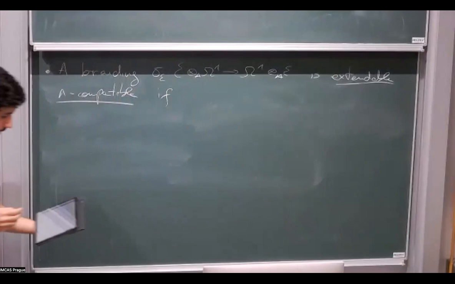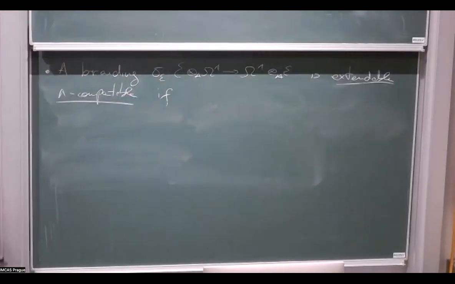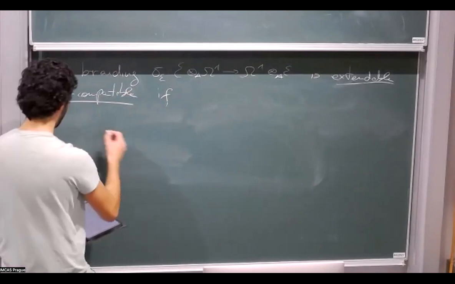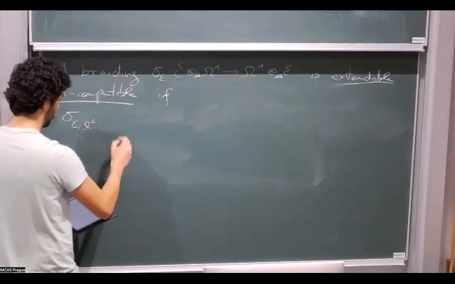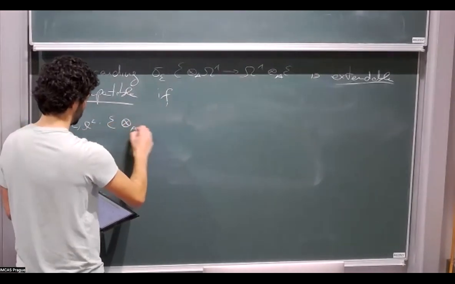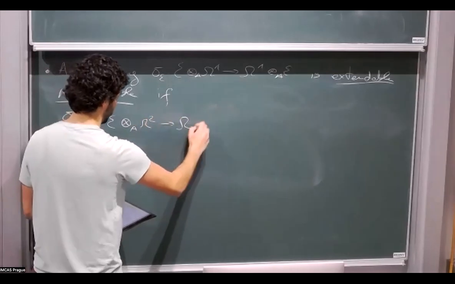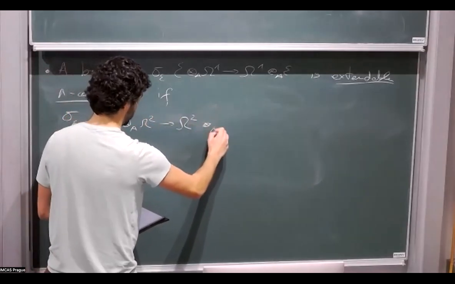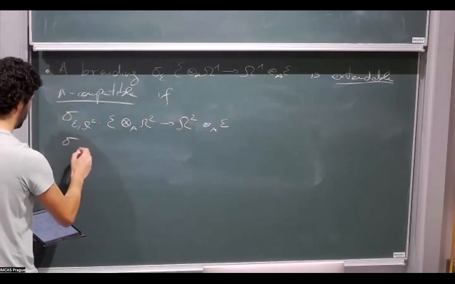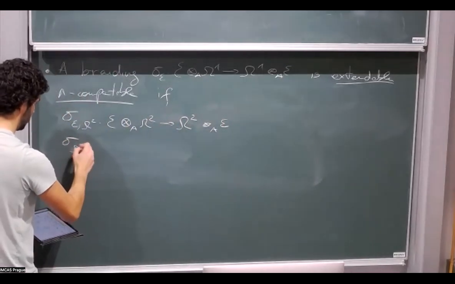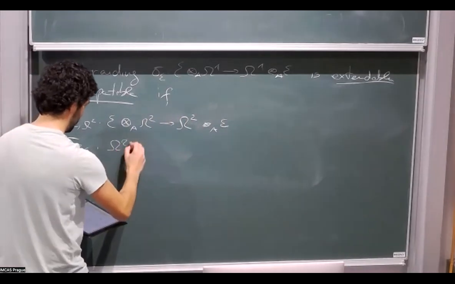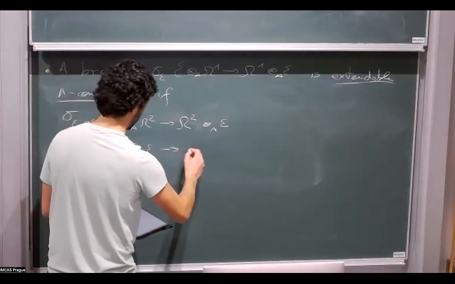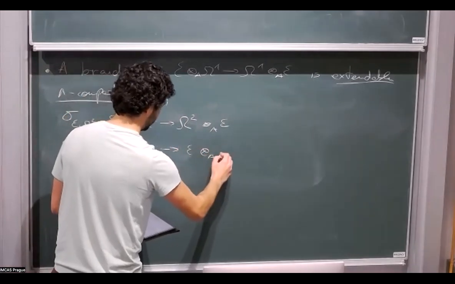If we can basically extend it to two maps, in a consistent way, that braid E with omega 2. Okay, so if we have two maps, E omega 2 swapping these two, E and omega 2, and from the other way as well.